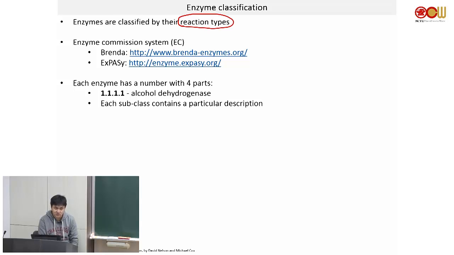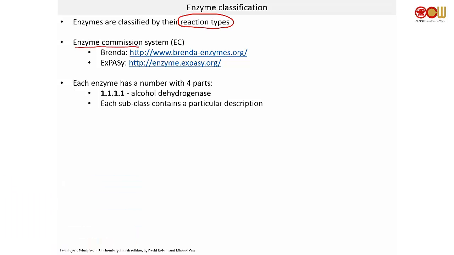Now enzymes, for every reaction that it's going to do, essentially it's going to have a number. Okay, and in this case we just call it EC number. That stands for enzyme commission. EC system. There are some websites you can look up different EC numbers. We're going to go over one of them called Brenda for the biochemists out there.